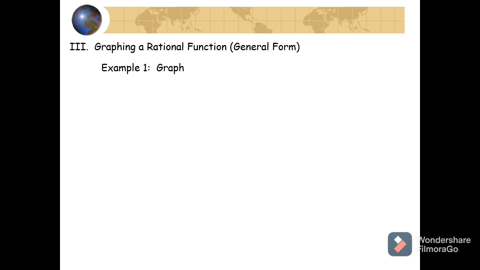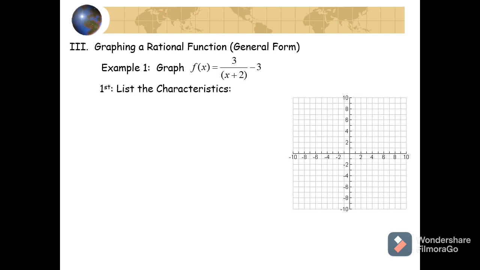So, let's try an example. F of x is equal to 3 all over x plus 2 minus 3. So, first step, we need to list the characteristics. Since positive 3 to, then our hyperbola will be on section 1 and 3.